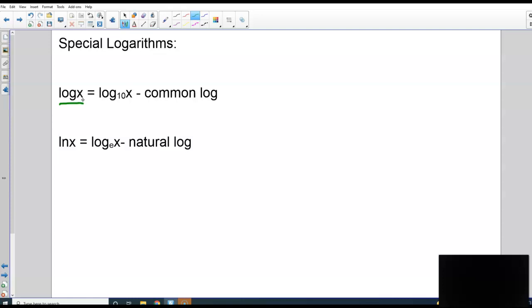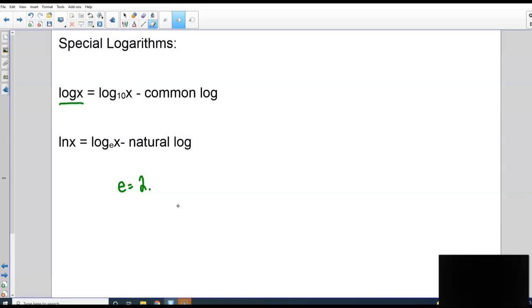If you have an ln, this is what we call the natural log, and it is a base e. E is a little bit like pi, and I don't have it written down here. E is 2.718. I'm going to have to use my calculator. I know what E is. 2.718, that sounds right.